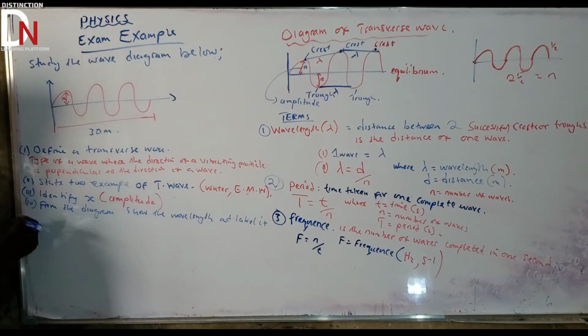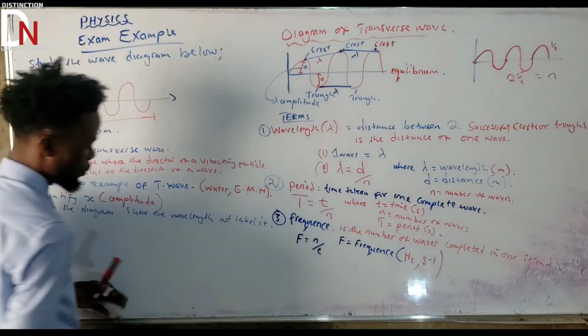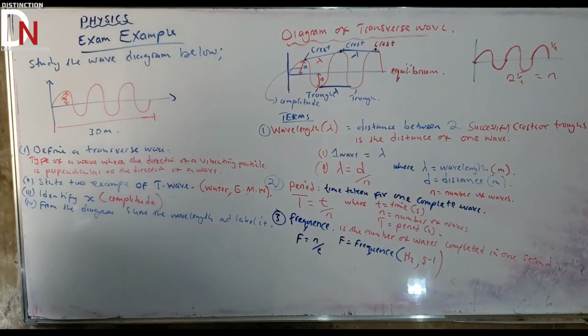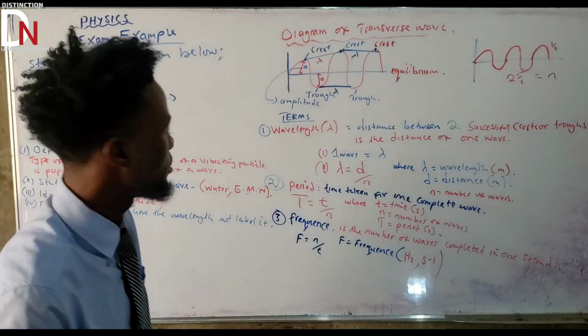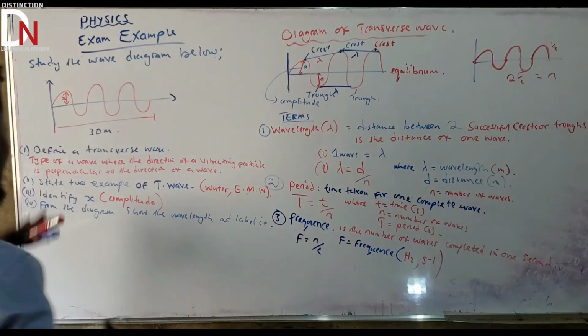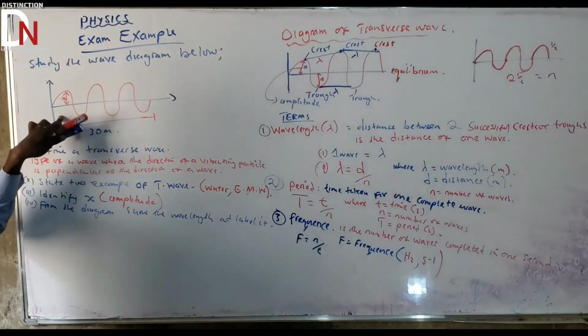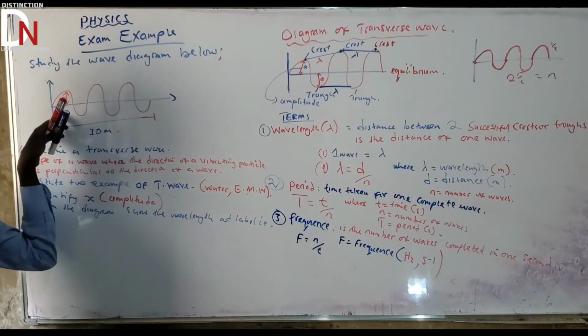So from the diagram, let's show the wavelength, and we need to label it using its symbol. Labeling from this diagram, they are saying we need to show them that this is what we're talking about. This is the wavelength.